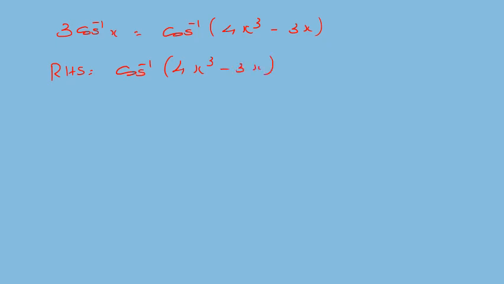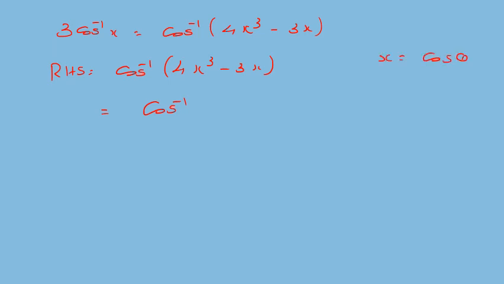Next question. Show that 3 cos inverse x is equal to cos inverse of 4x cube minus 3x. So take the right hand side. Right hand side is cos inverse of 4x cube minus 3x. What substitution do we have to give here?